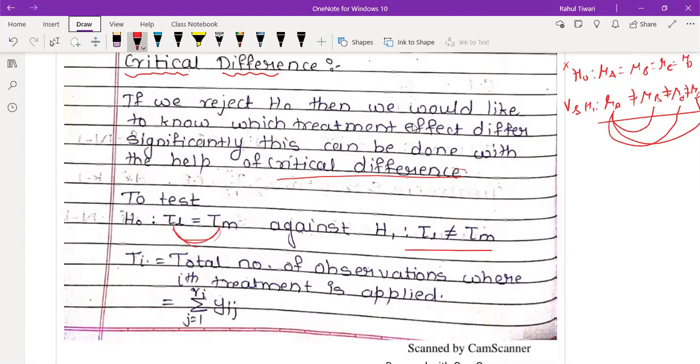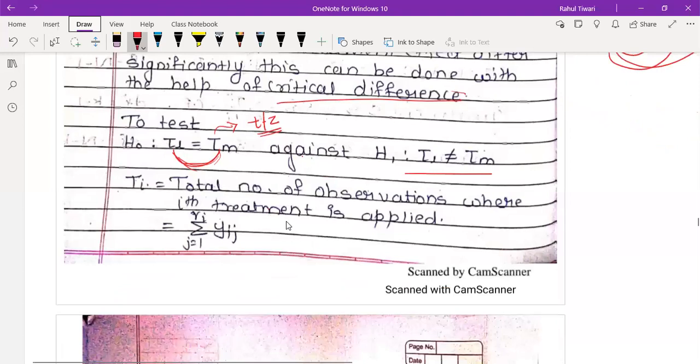Only two treatments means it is basically your T test or Z test, which we are going to see in your paper one. So how do you compare two tests, and one test? That is all we're going to study in your paper one. Just try to understand. I have explained some of the concepts of T test and Z test in my previous semester. So how to do that?